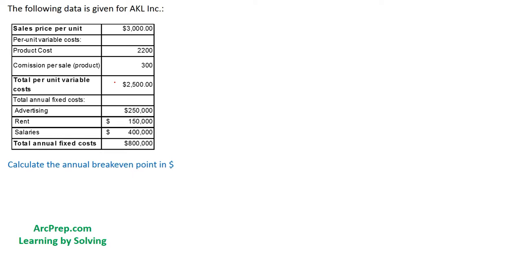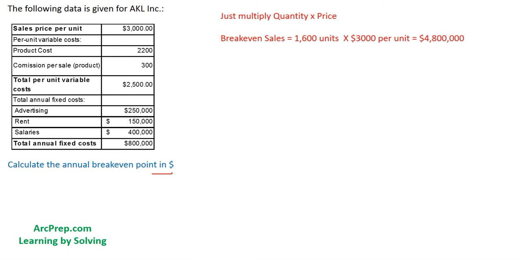Now let's come back to annual break-even point in terms of dollars. The simplest way is, I'll take break-even units, multiply it by sales price. That is going to give me the break-even dollar figure at this quantity.